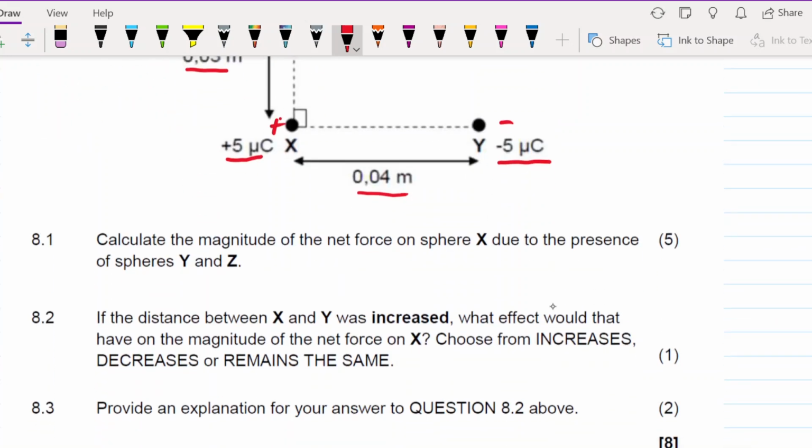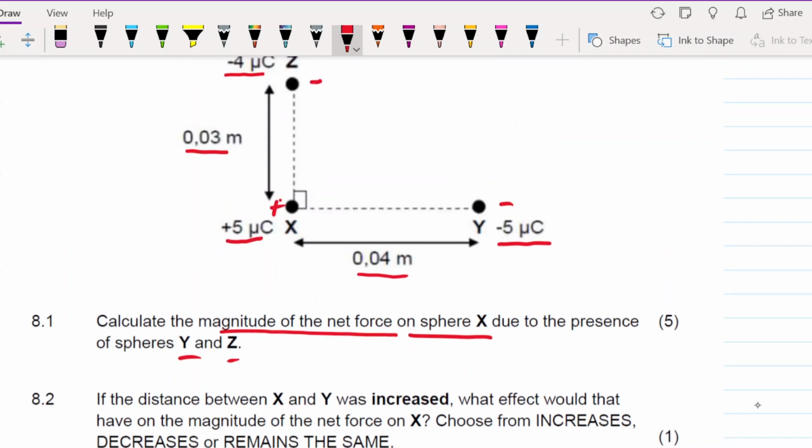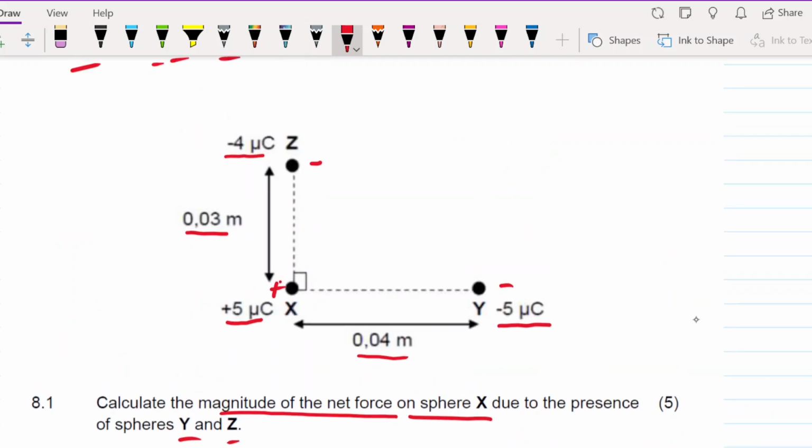So they said 8.1. We only have 3 questions here. Calculate the magnitude of the net force on sphere X due to the presence of Y and Z. So we want F net on X as a result of Z and Y. Let us get an idea.